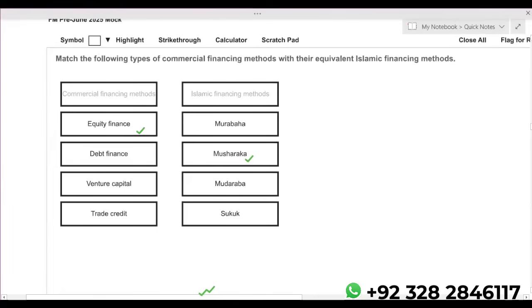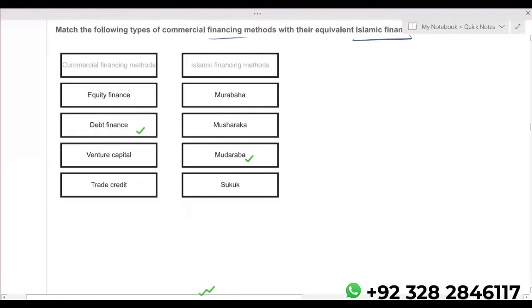Okay. Match the following types of commercial financing methods with their equivalent Islamic financing methods. Student, you should not be having any issue at all in this. Equity finance, simply mudaraba. During my lectures, I've given these examples many times.